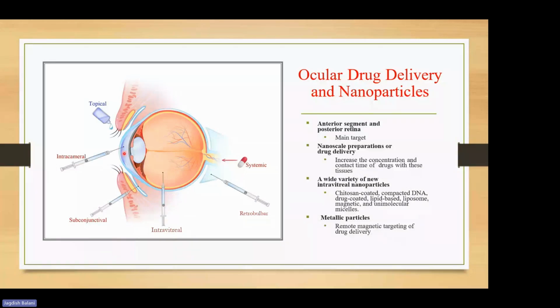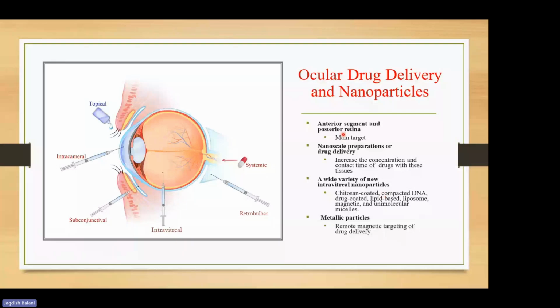So that is called the intracameral route. And topical, you know very well. Then subconjunctival is into the conjunctiva, while for intravitreal the drug should enter the vitreous body of the eye. Then the systemic route will travel through the blood to the retina and maybe up to the cornea. The retrobulbar route is also part of this.